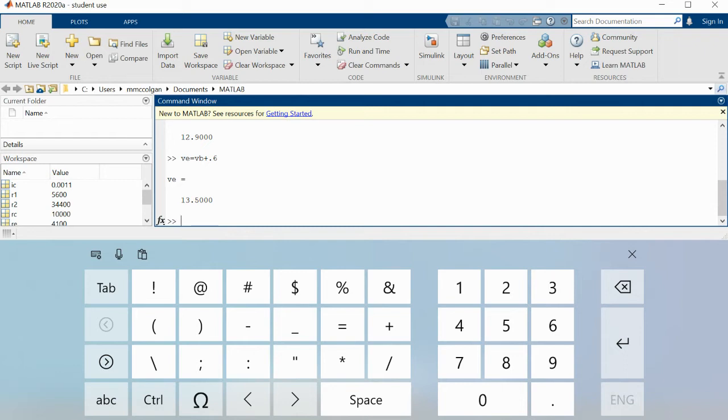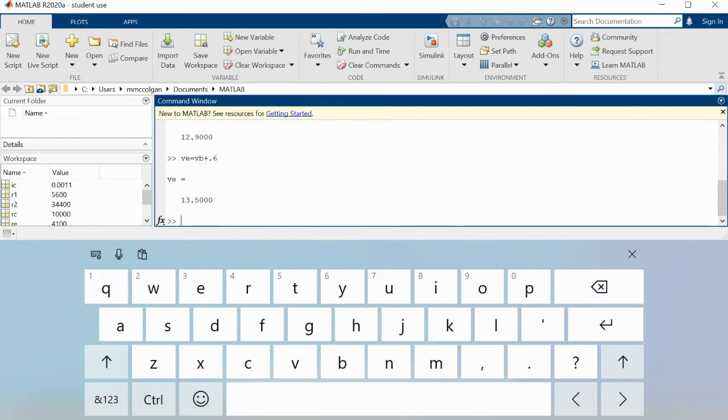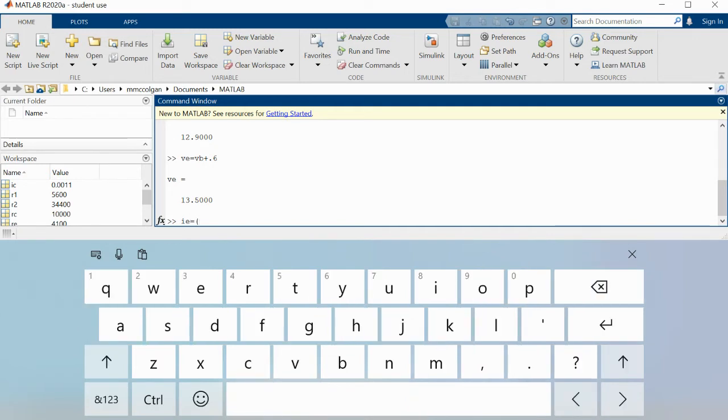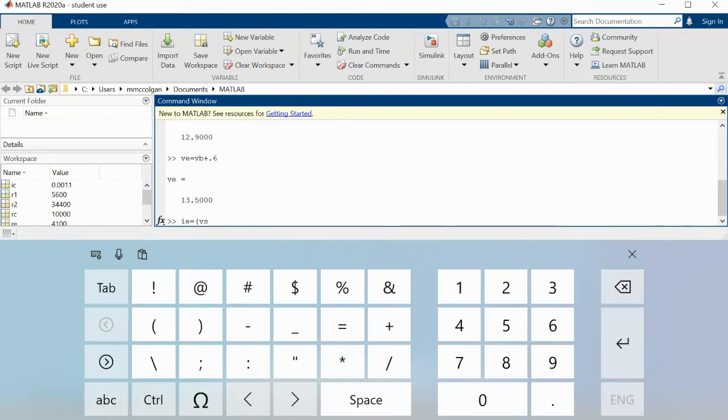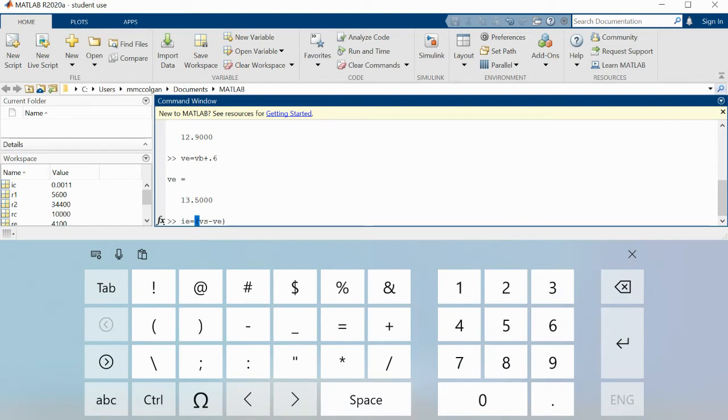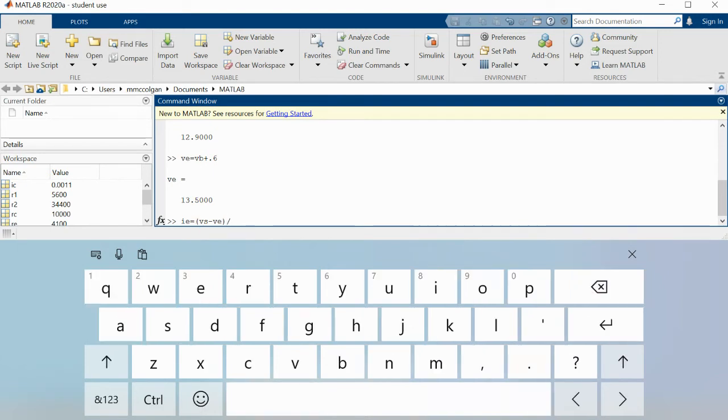So then I can say IE is equal to VS minus VE divided by RE. And I get 3.66 times 10 to the minus 4.